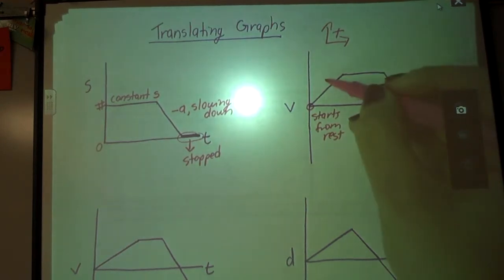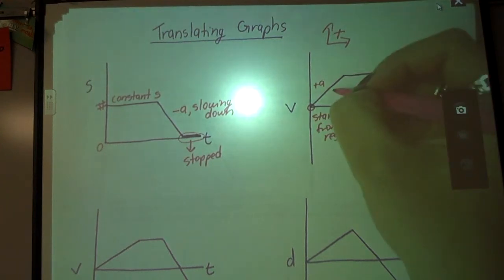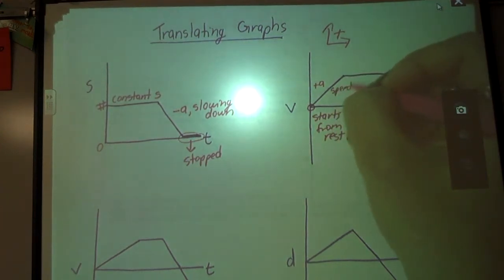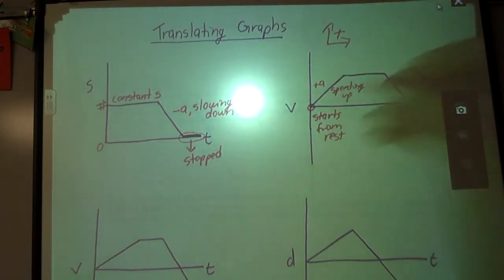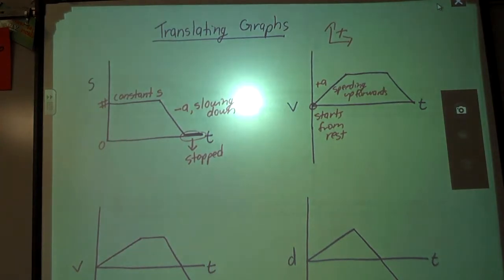So since this is a positive slope, it is a positive acceleration, which tells me I am speeding up forwards in the positive direction. Speeding up forwards, moving at a faster pace with each given moment in the positive direction.